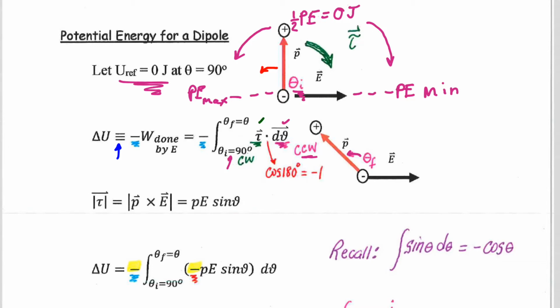Torque is always P cross E, trying to rotate that P vector to align with the E vector. So that's going to be a clockwise torque. That's where we get our cosine of 180 degrees, or -1. And now we can do delta U equals the torque, where the negative in our torque equation, a negative from our dot product, -1, is the negative I have shown here.